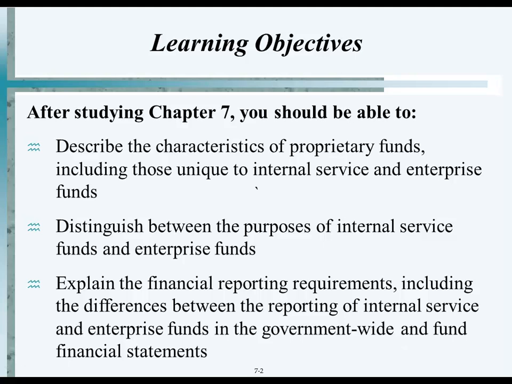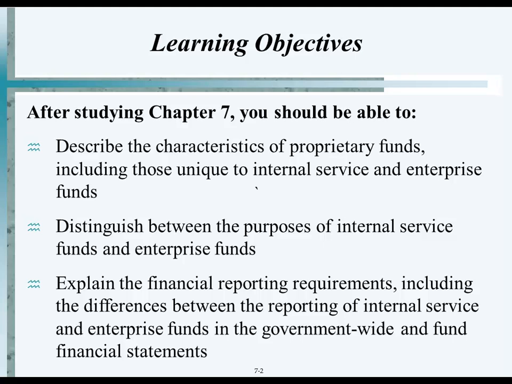So business type activities, when we talk about this in the context of governmental accounting, remember the three different funds: governmental funds, proprietary funds, and fiduciary funds. Today we'll talk about proprietary funds. On Wednesday we'll talk about fiduciary funds. What we'll talk about is the distinction between internal service funds and enterprise funds.